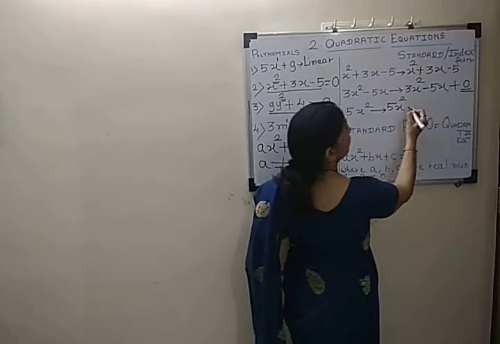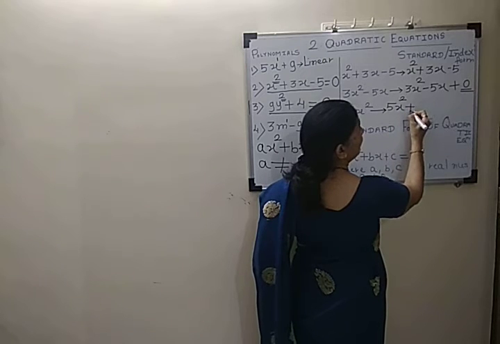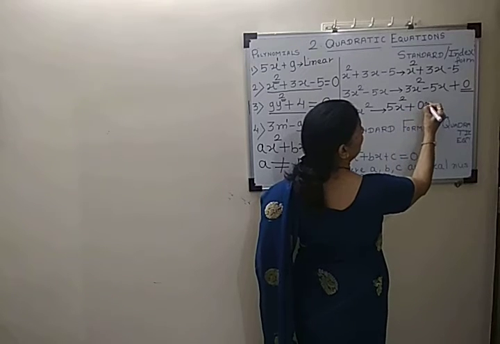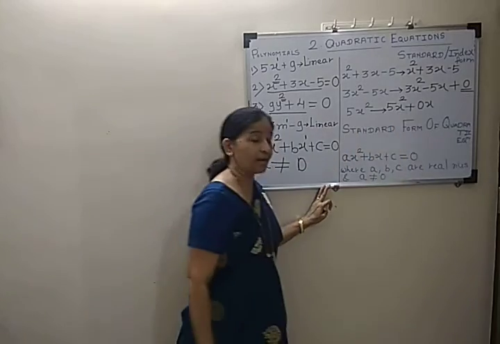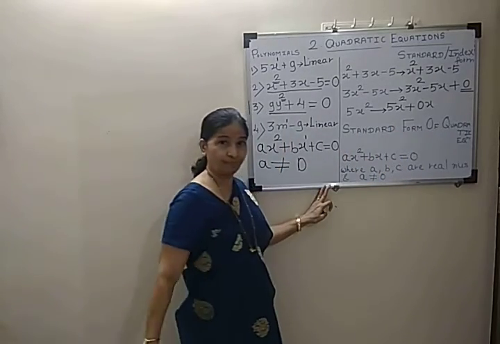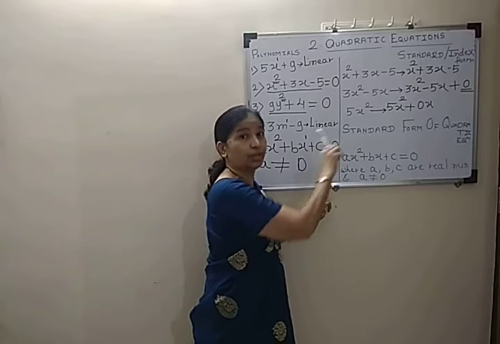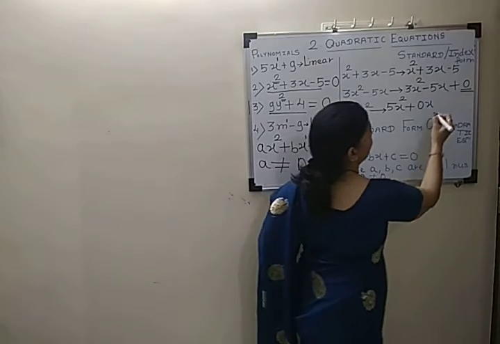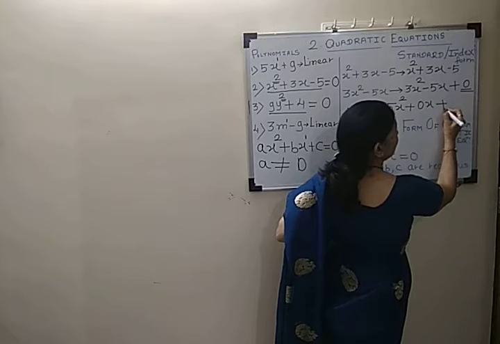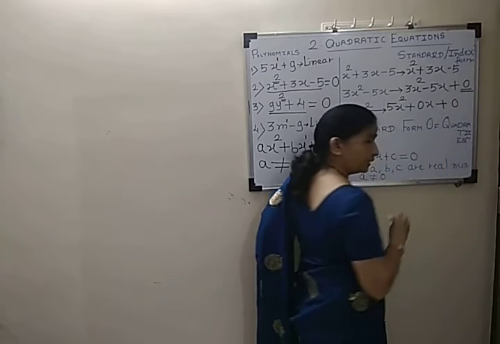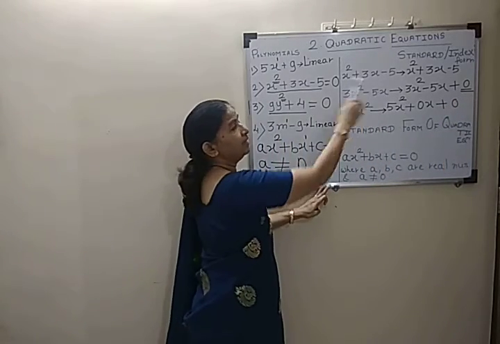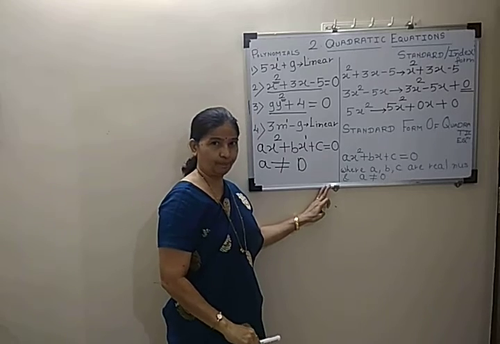So I will write plus 0x. I took help of 0. Then the constant term is also not there, means c is not there. So I will write plus 0, and thus we completed this activity.